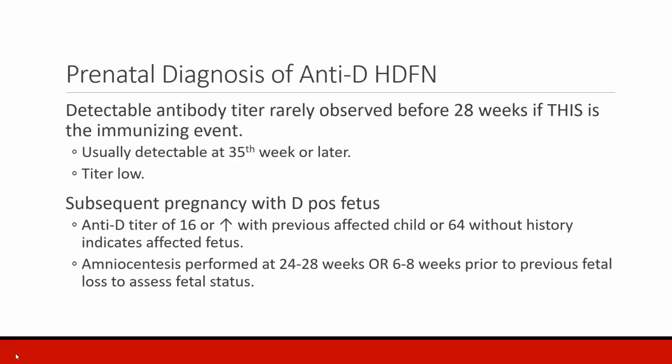In these cases, amniocentesis should be performed at 24 to 28 weeks or 6 to 8 weeks prior to the previous fetal loss to assess fetal status. Again, this is a very pathogenic antibody that can result in stillbirth if not caught early.